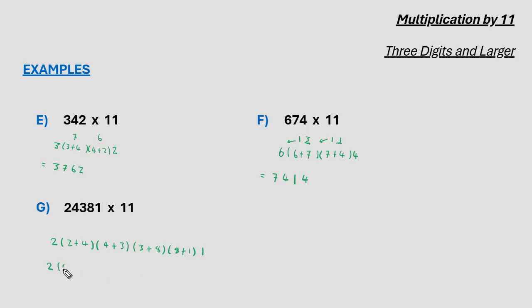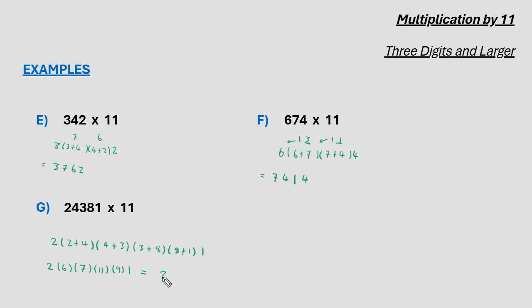2, we have 6, 4 and 3 is 7, 3 and 8 gives us 11, 8 plus 1 gives us 9, and we also have our 1 on the end. So 6 and 9 will remain the same, but here the 1 will stay and the 1 will also carry left.